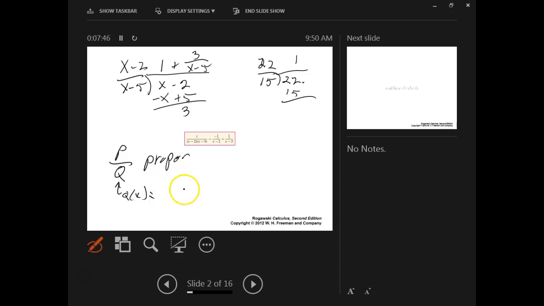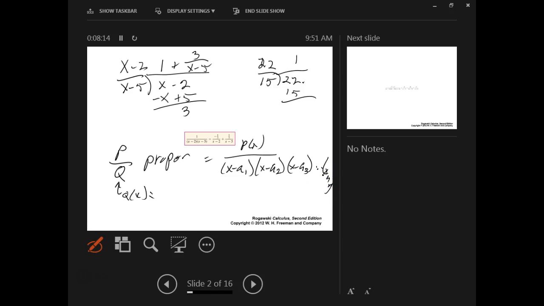So this Q of x would be, I'm just going to write it over here. This thing would be P of x in the numerator, and this denominator would be x minus a1 times x minus a2 times x minus a3 times ... times x minus a n.